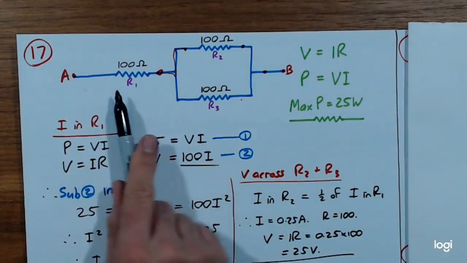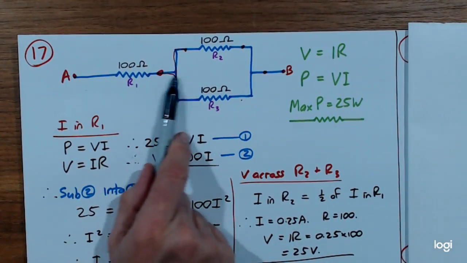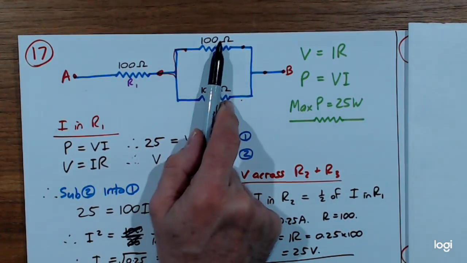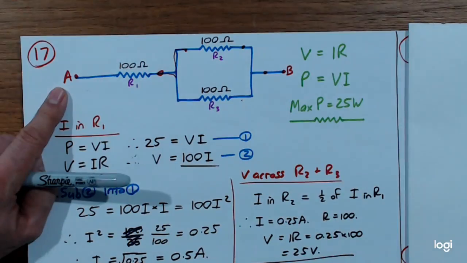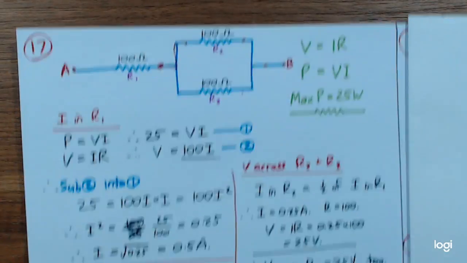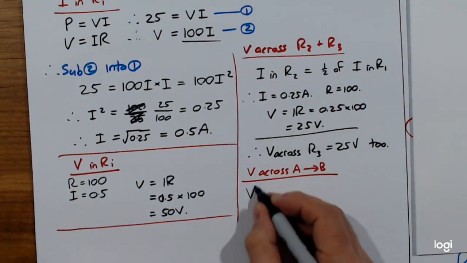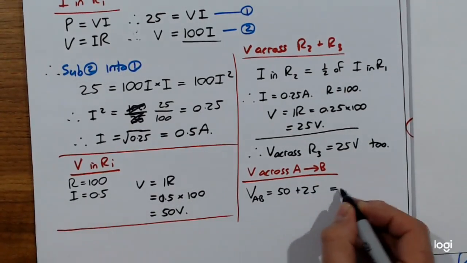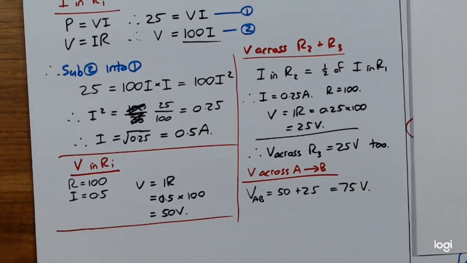And having lost 50, we've now found out that, whichever way it goes, it's going to lose another 25 when it goes through either one of these. So from A to B, it's lost 75. So you just have to say voltage from A to B is 50 plus 25, 75 volts. That was difficult. That's about as hard as they get.